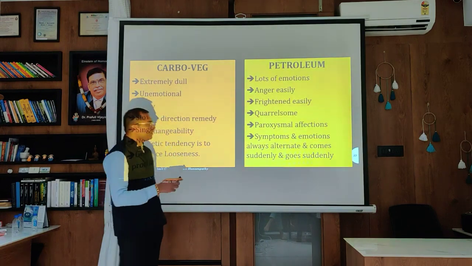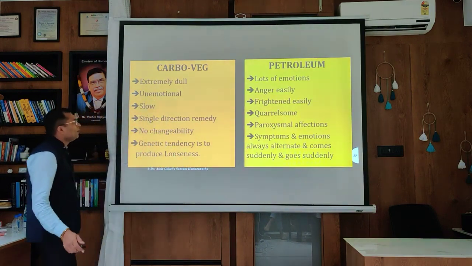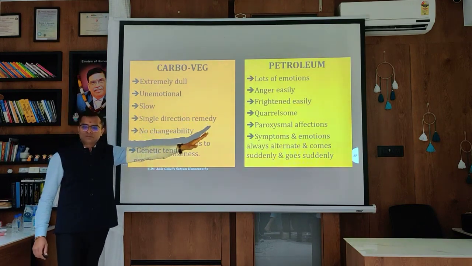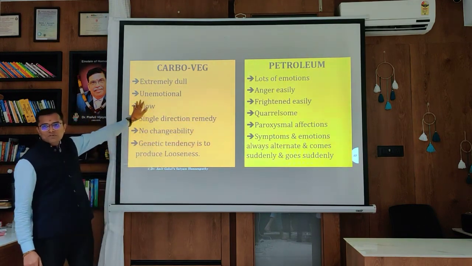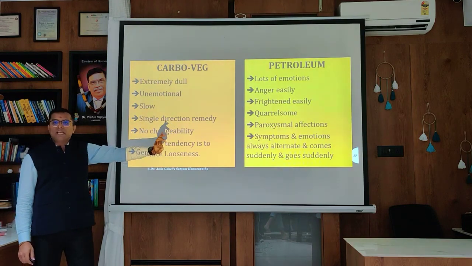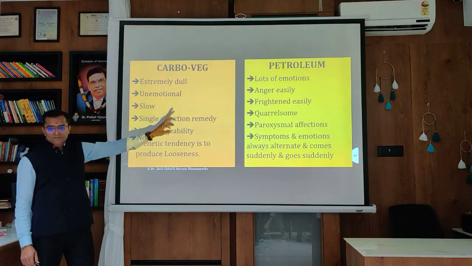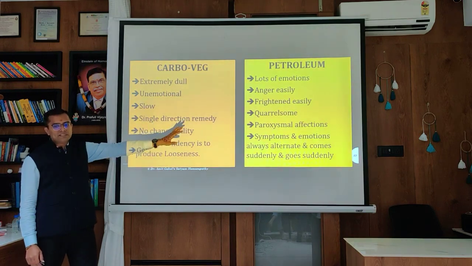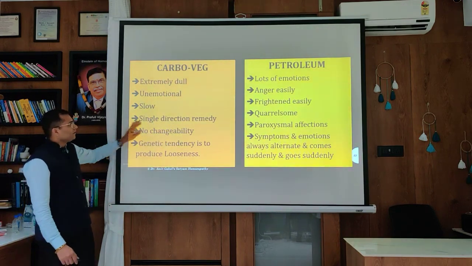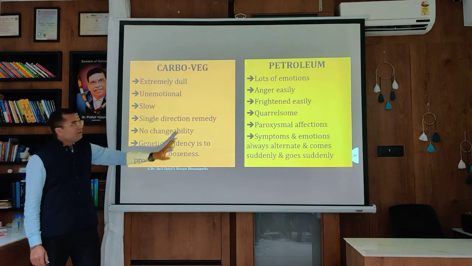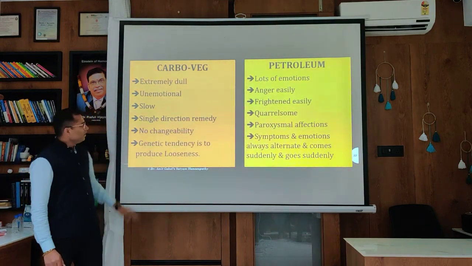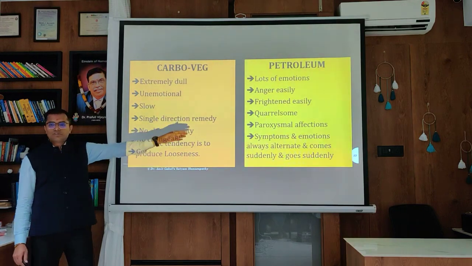So what is the difference between Carbo veg and Petroleum? Carbo veg is extremely dull, whereas Petroleum has a lot of emotions. Carbo veg is unemotional, Petroleum has emotion, which is anger, and is very easily angered. Carbo veg is slow, whereas Petroleum is frightened easily. Single direction remedy, quarrelsome remedy, paroxysmal affections, no changeability, psoro-syphilitic.